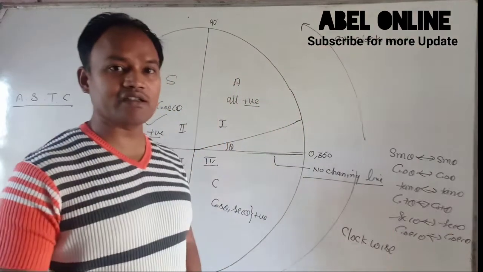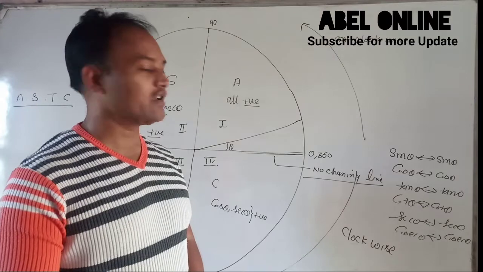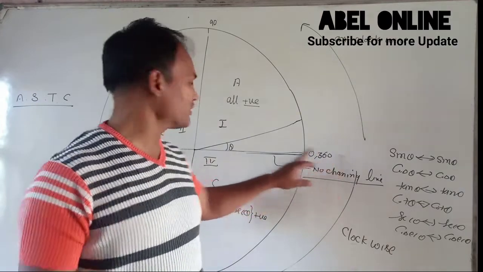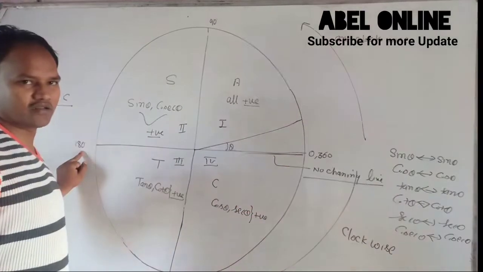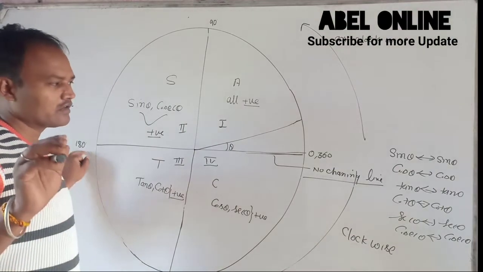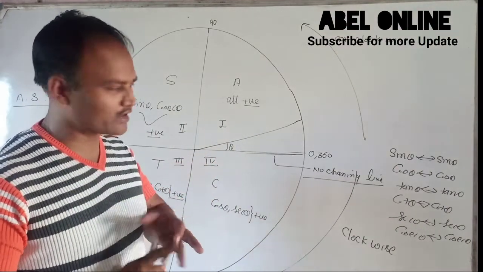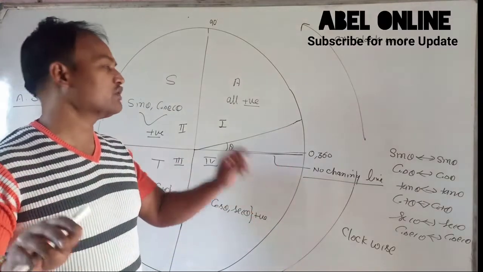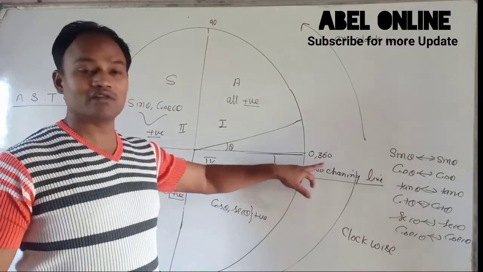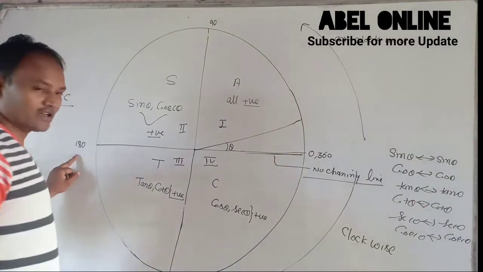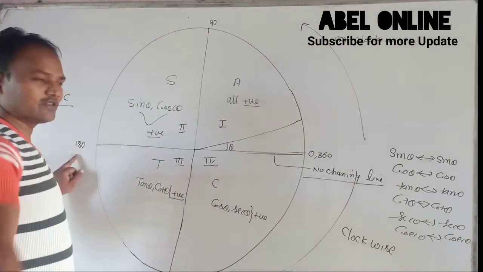All the trigonometric values sin, cos, tan, cot, sec, cosec have no change at the angles 0, 360 and 180. Let's see the example.